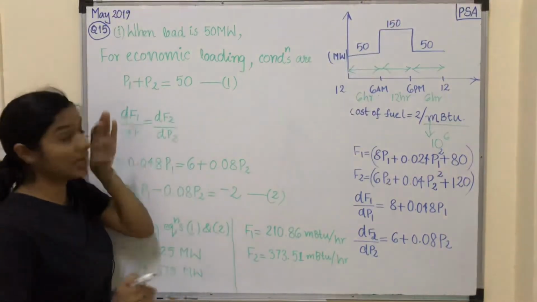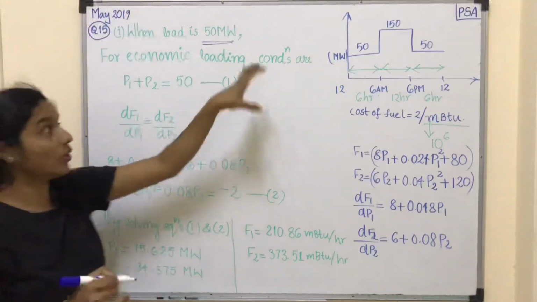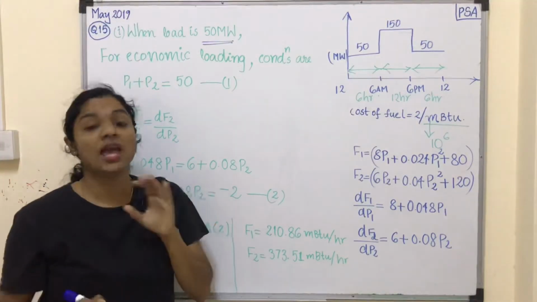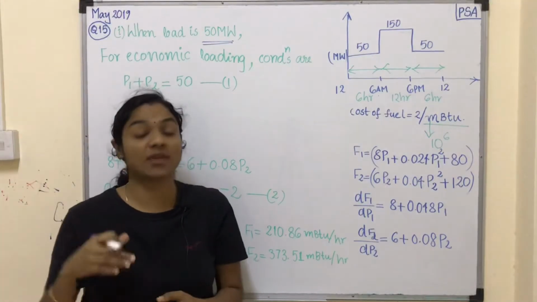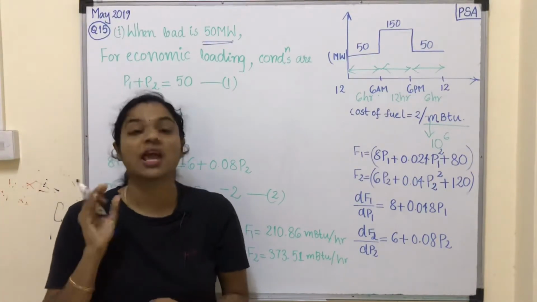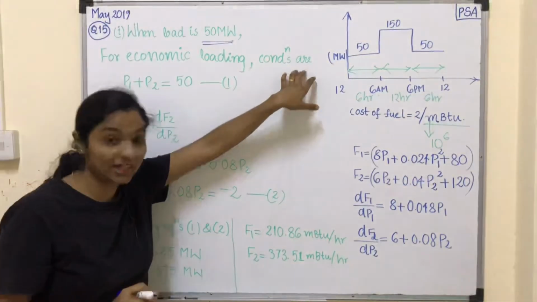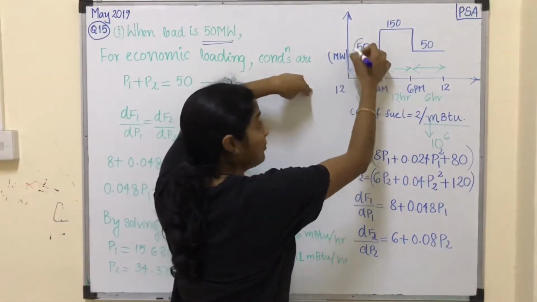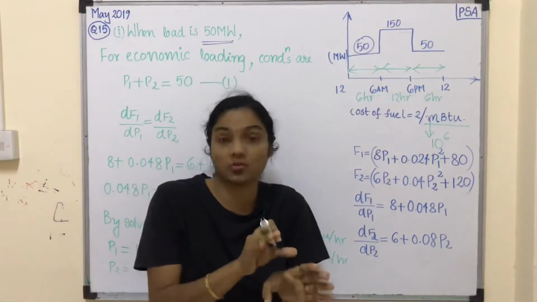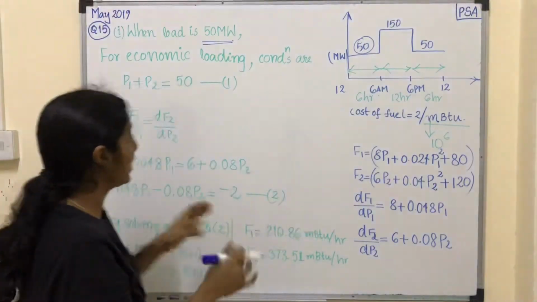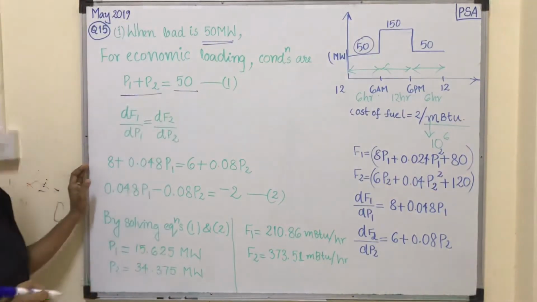So first we are going to consider the load of 50 megawatt alone. As I have already told, minimum cost of generation means we have to apply the condition for economic loading. For economic loading, the conditions are: this 50 megawatt is contributed by both unit 1 and unit 2, that means 50 is the sum of P1 plus P2.